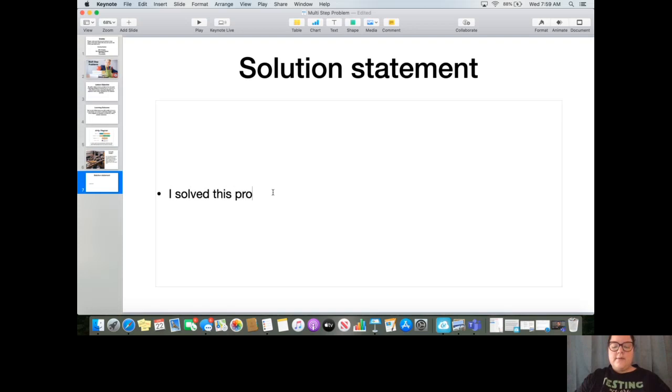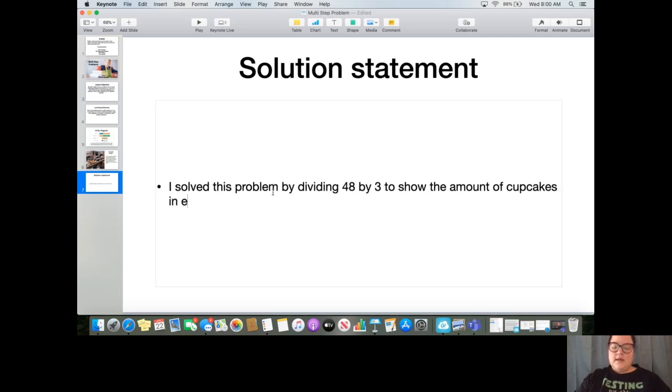I solved this problem by dividing 48 by 3 to show the amount of cupcakes in each display case.